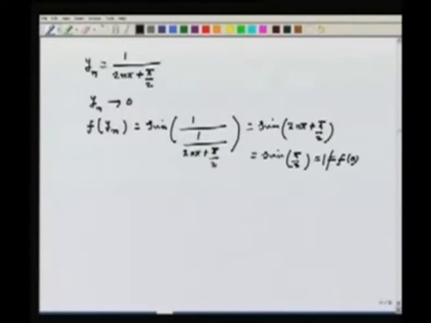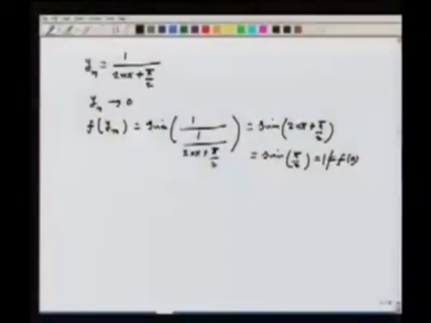I have defined f of 0 to be equal to 0. That's why it is not happening. Can I define f at 0 in such a way that it will become continuous? Well, these two choices of sequence actually tell that it is not possible. Whatever value of f of 0 you give, these two sequences are always there for which f of xn will converge to either 1 or 0.